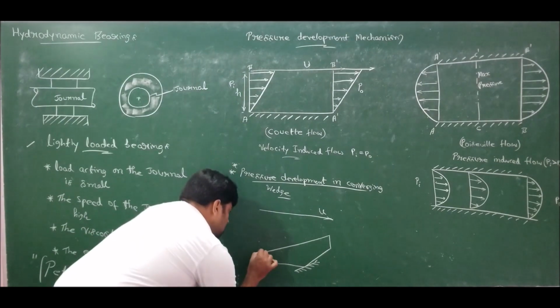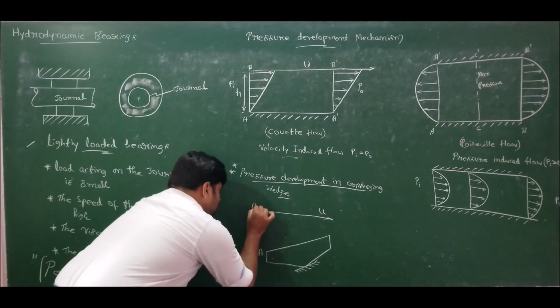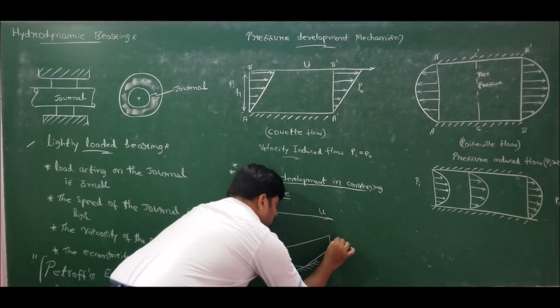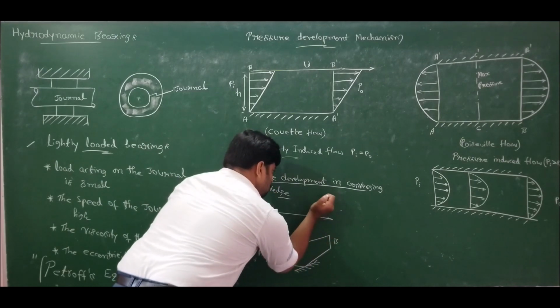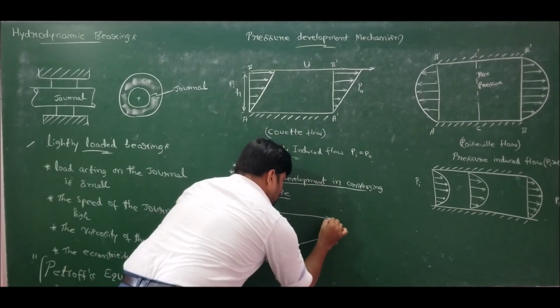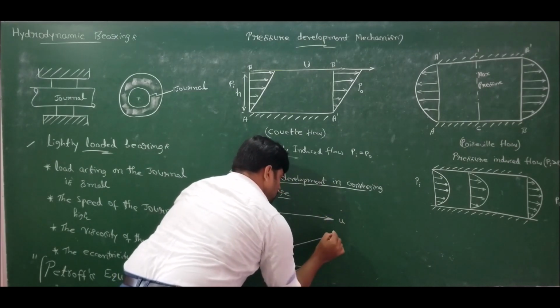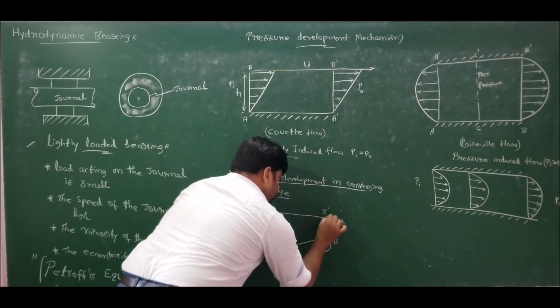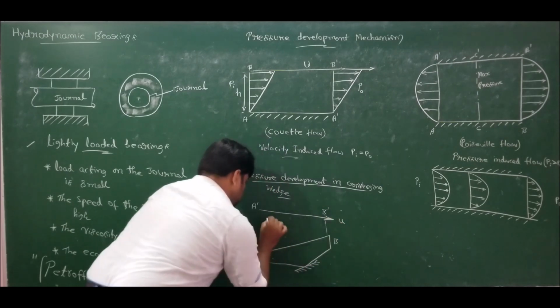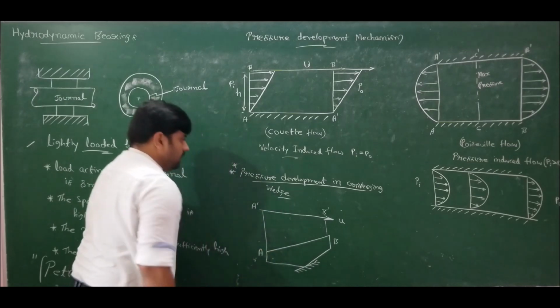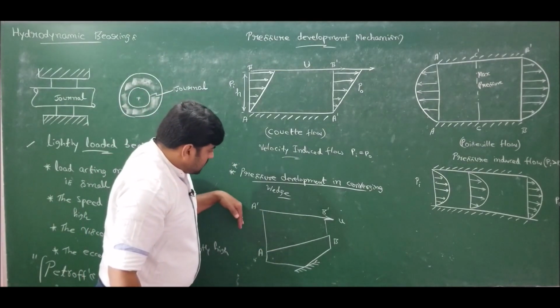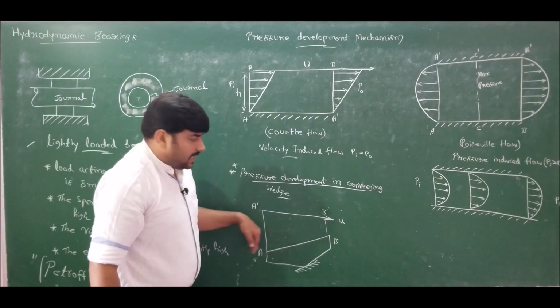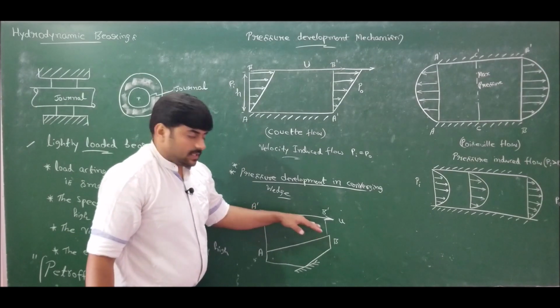Let us take this as A dash and B dash. The top plate or top surface is moving with velocity u. The fluid enters this section from A dash and leaves from section B dash.